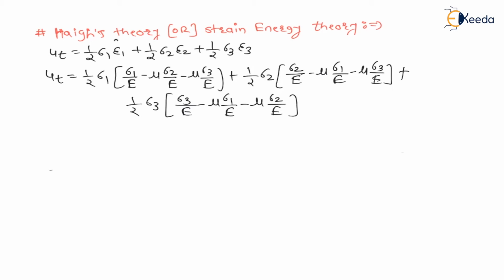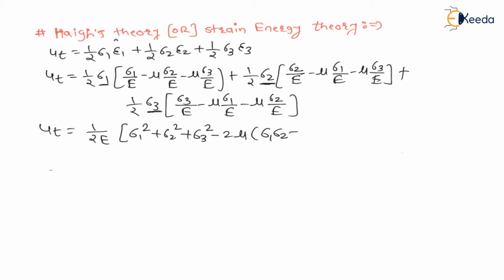Now simplify this. From all the terms, consider 1 half and 1 by E as common, that is 1 by 2E. Now multiply sigma 1 into the bracket, sigma 2 into the bracket, and sigma 3 into the bracket, then the simplified form you will get is sigma 1 square plus sigma 2 square plus sigma 3 square minus 2 mu in bracket sigma 1 sigma 2 plus sigma 2 sigma 3 plus sigma 3 sigma 1.